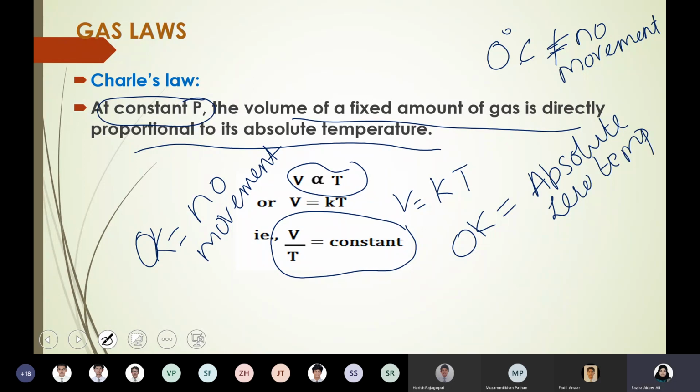As per an absolute scale, 0 should be equal to zero energy or no movement of the particle inside the system. So absolute temperature means the particle should not have any movement at that temperature.